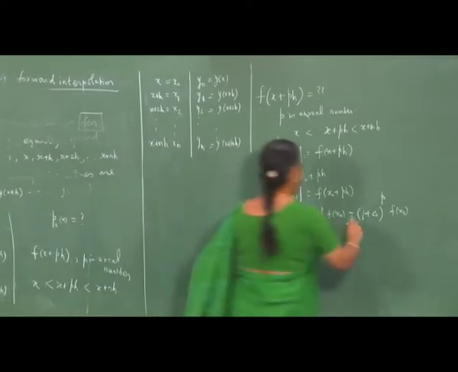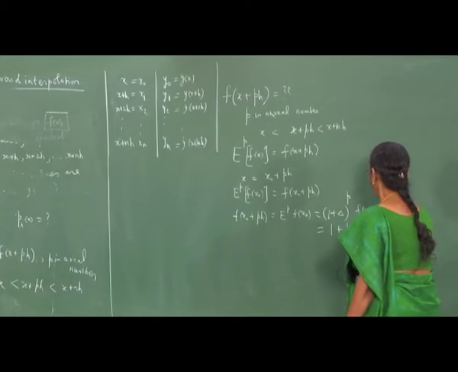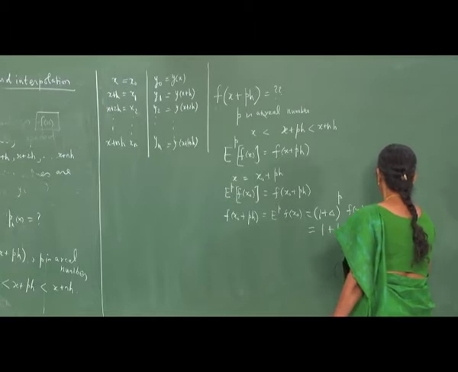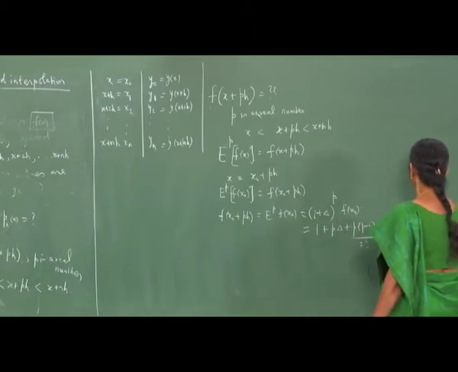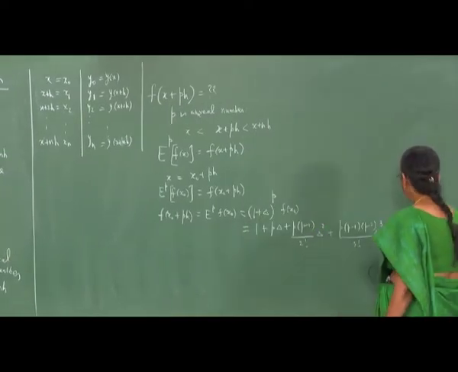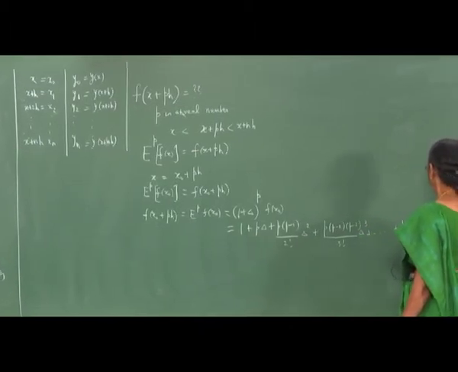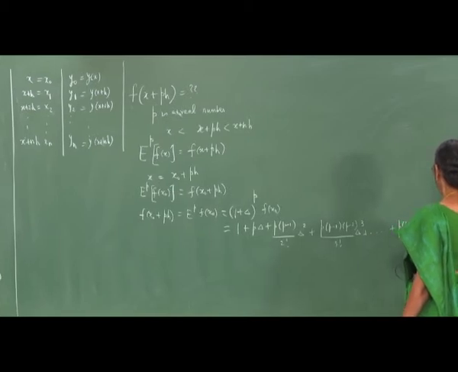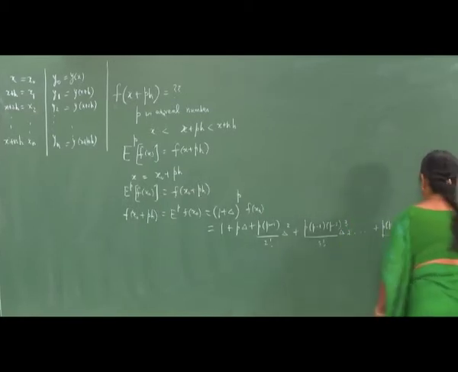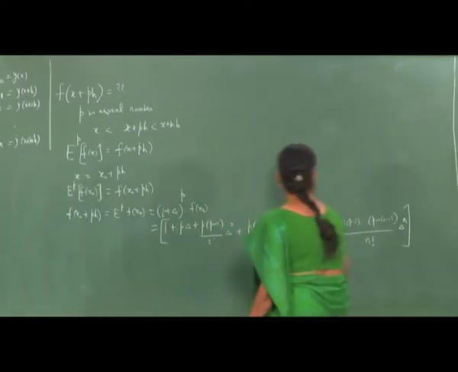So, I write down this as 1 plus p into delta plus p into p minus 1 by factorial 2 into del square plus p into p minus 1 into p minus 2 by factorial 3 into del cubed plus etc. plus p into p minus 1 into p minus 2 etc. up to p minus n minus 1 by factorial n into del to the power of n operating on f of x naught.